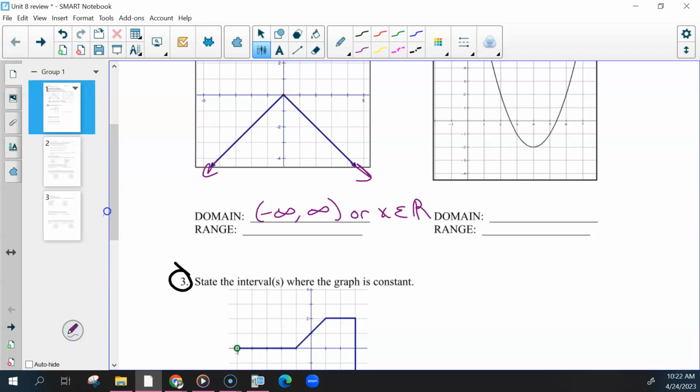Negative infinity. And what is your highest point? 0. And because this is a closed circle, that's going to be a square bracket. If you had open circles, those would be parentheses. Or we can say this is everything underneath or below 0, so that would be y is less than or equal to 0.